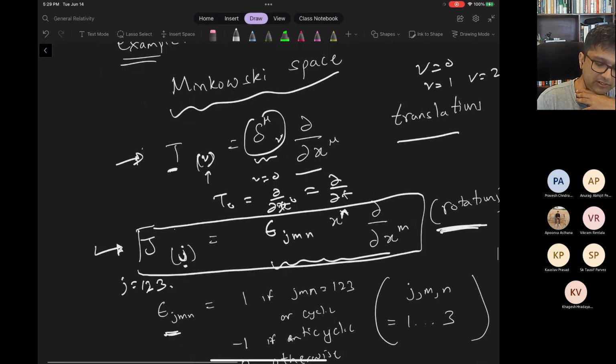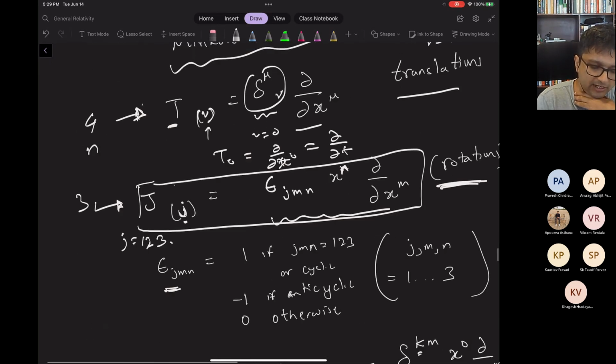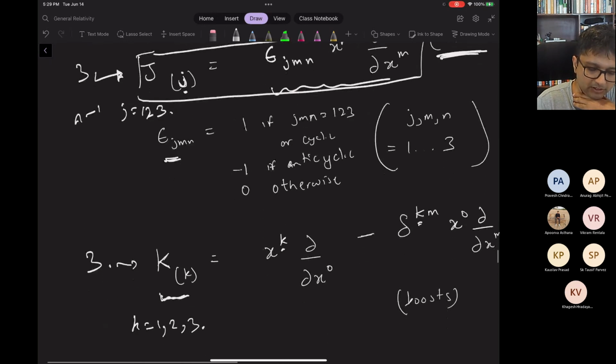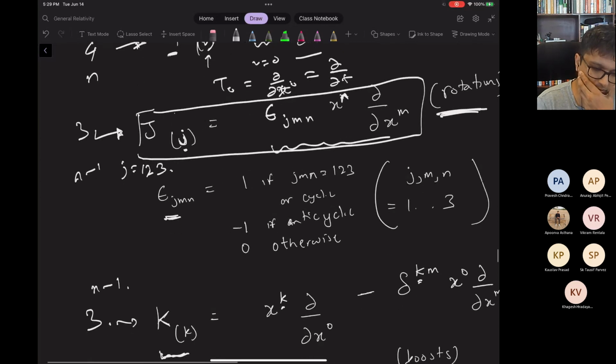So how many Killing vectors do you have? You have 4 plus 3 plus 3. In general, in n dimensions, this is n minus 1... No, sorry, this is not right. It's not n minus 1. I'll tell you what it is in a moment.